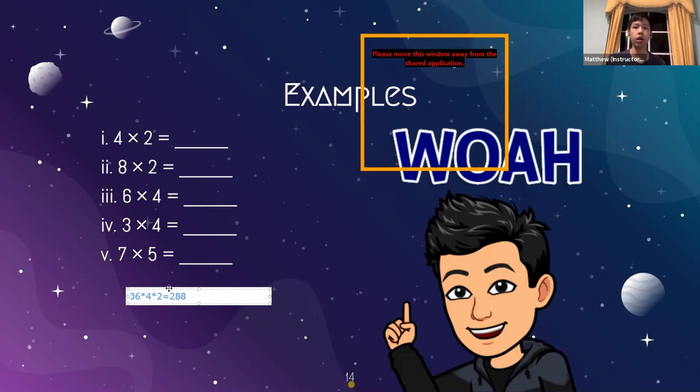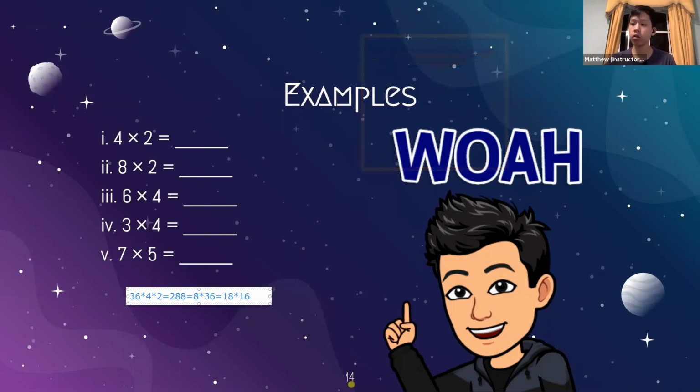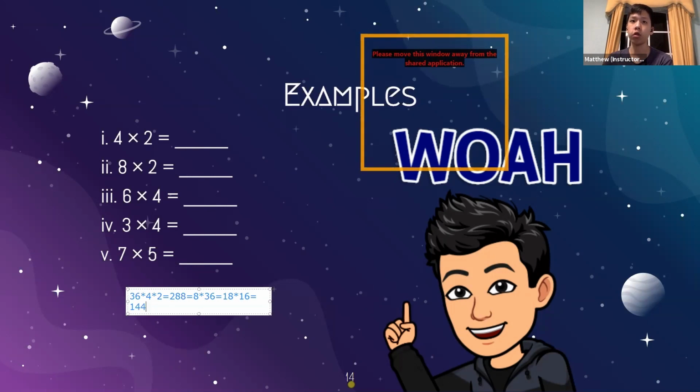But that's a way to show how breaking down mathematics can also help you, because this is the same as 8 groups of 36, or let's say 18 groups of 16, or 144 groups of 2, or let's say 72 groups of 4, or something like that.